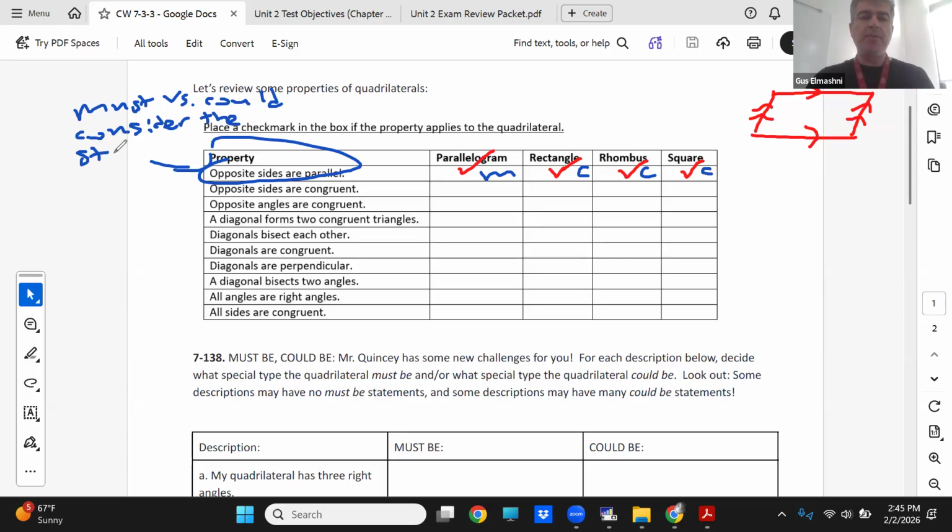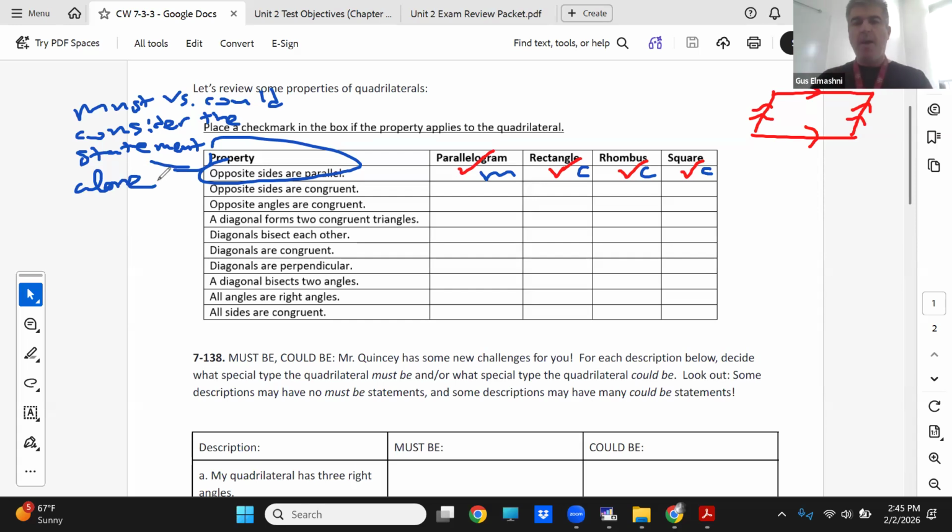Consider the statement alone. If you consider that statement alone, that would be enough to say a parallelogram. But is it enough to say the other ones? No, but they're true. They are true, because a rectangle has that, a rhombus has that, a square has that. But let's just focus on check marks for now.